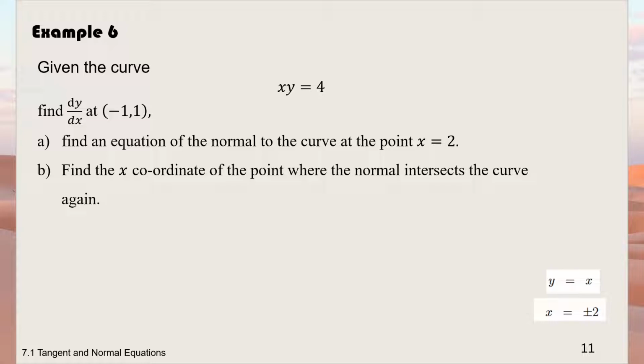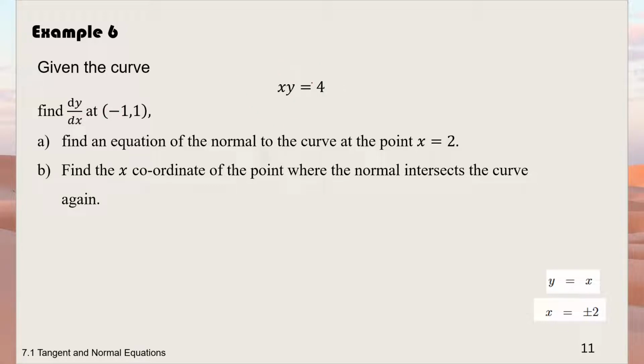Now we look at question 6. Given the curve xy equals 4, find dy dx at 1, 1. Later on, they ask you to find an equation of the normal at x equals 2, and find the x coordinate of the point where the normal line intersects the curve again. So if I have the curve xy, we follow the order saying find dy dx.